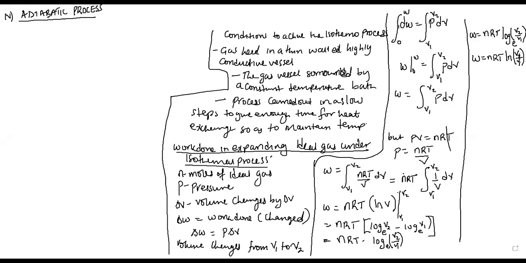So if you have an enclosure of a gas, maybe if you have this bottle, and the gas is enclosed within this bottle, then the gas does not allow heat to come in, and at the same time does not allow heat to leave the system. With this process, we say the gas is experiencing what we call the adiabatic process. So by definition, this is a process for which no heat is allowed to enter or leave the gas system.